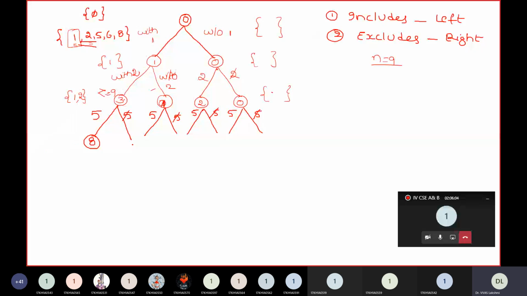Here we are not including it, that's why the same sum is carried forward. Here this is 6 and this is 1. This is 7, 2, 5, 0.